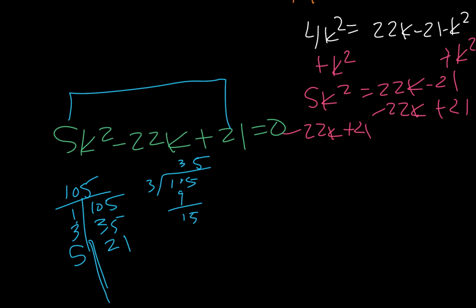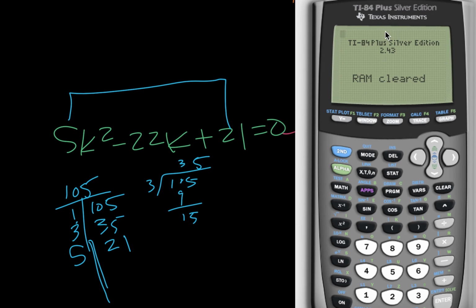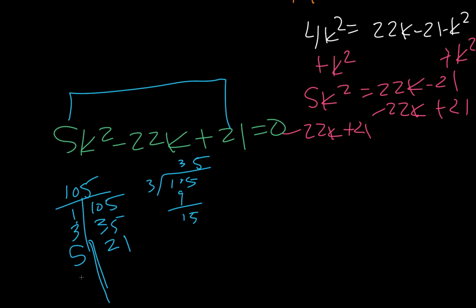I'll reopen this. Pull this up. Use our friendly calculator. Okay. So let's do 105 divided by 7. Oh, there we go. 7 and 15. So that's actually the one we want. Those will work if they're both negative.